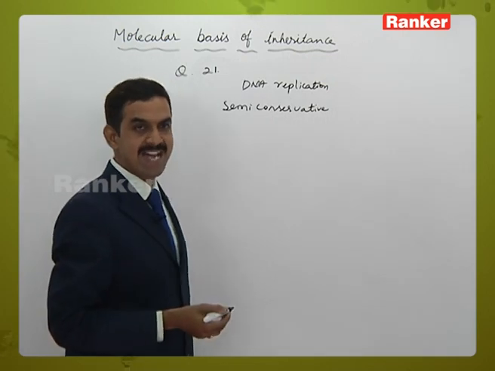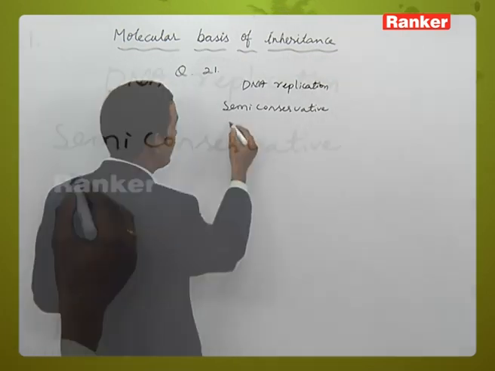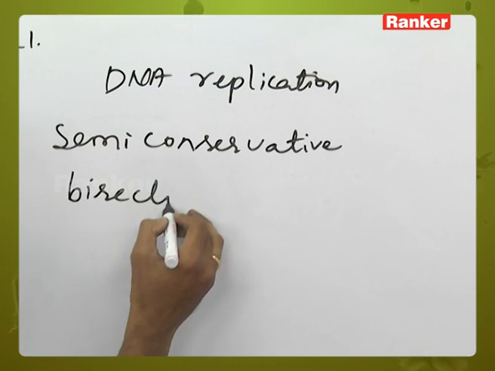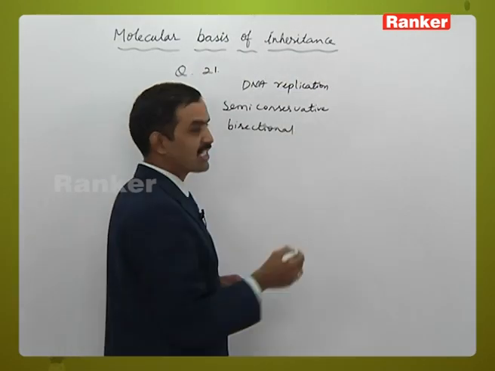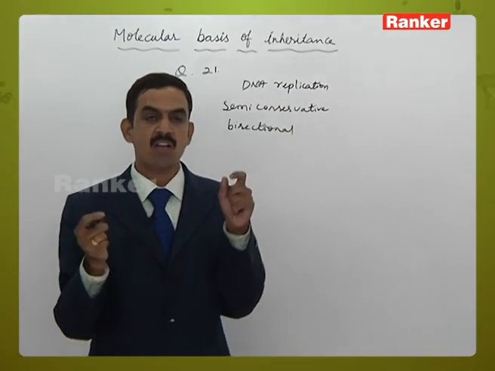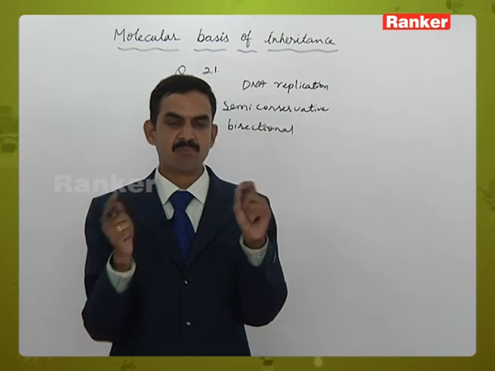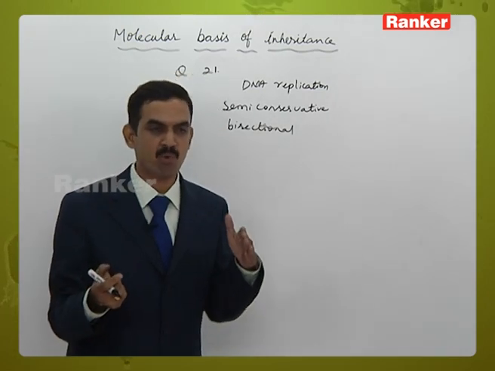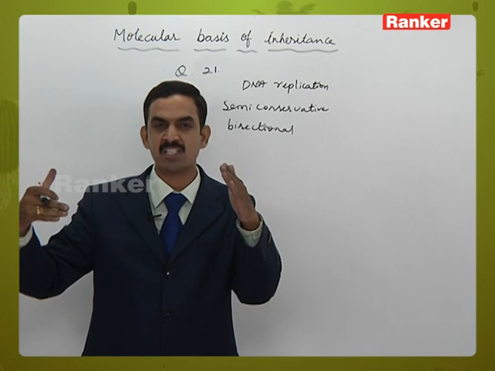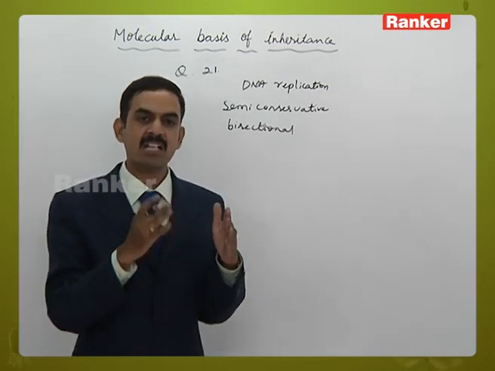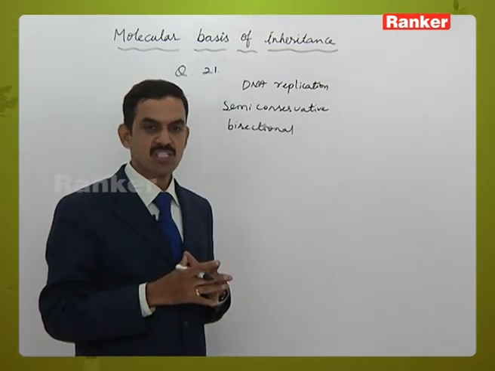Then bidirectional. It is always taking place on two strands, so it is bidirectional in nature. Both of them are synthesized from 5' to 3', but one is moving in this direction, the other will be moving in this direction. That is, the leading strand and the lagging strand are formed.